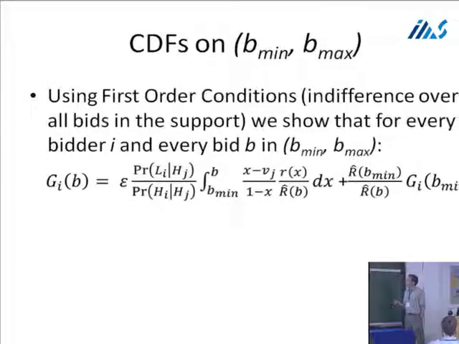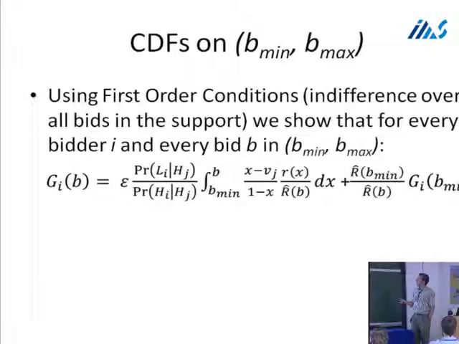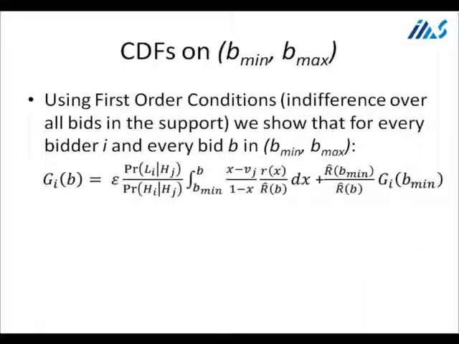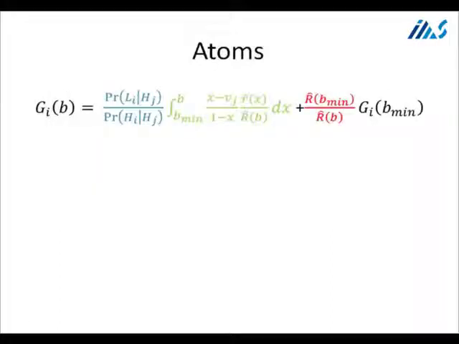And then given the fact that an agent must be indifferent between all his bids in the support, we can actually compute what would be the CDF for the bids of agent I. And we have this formula, and this exact formula, again, it's not very important. But we can use this formula in order to figure out the size of the atom for agent 2 at V2.